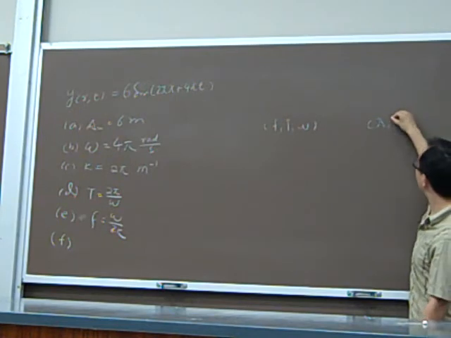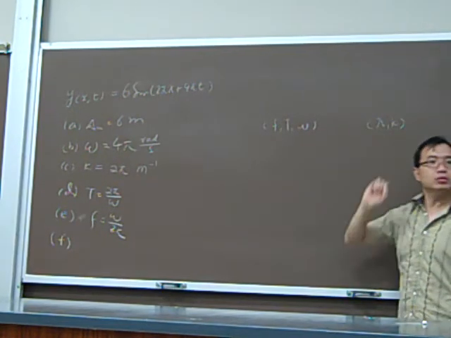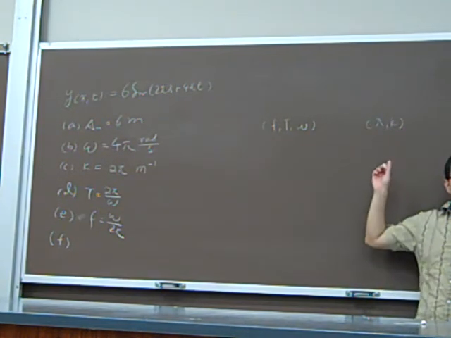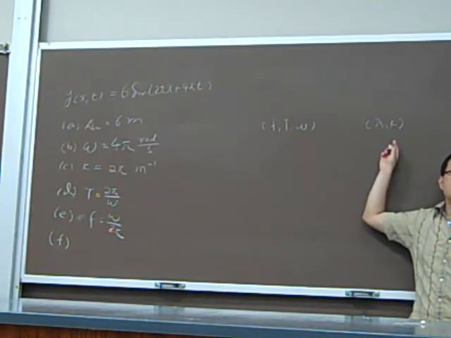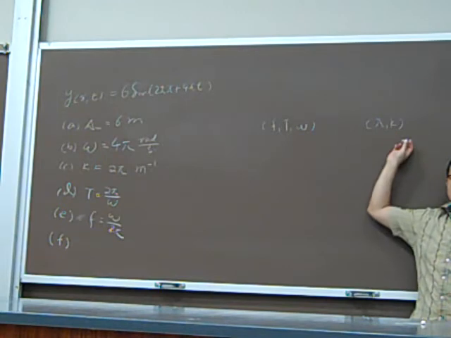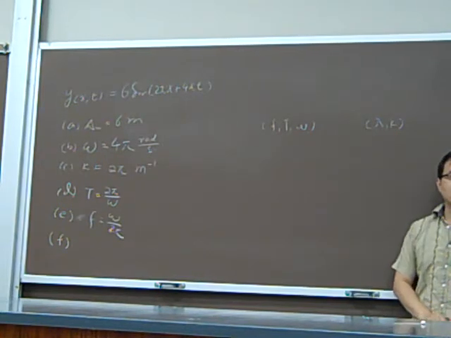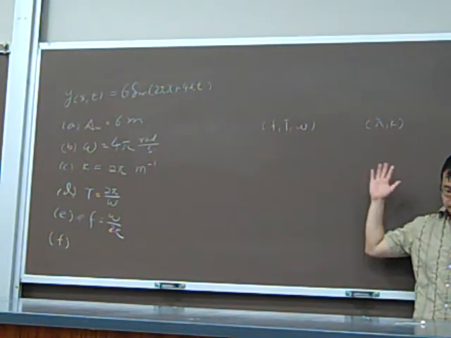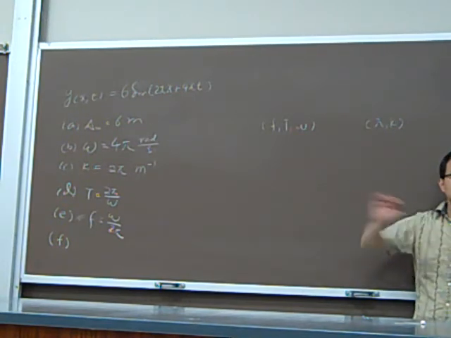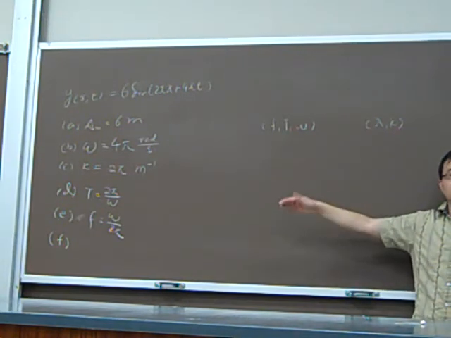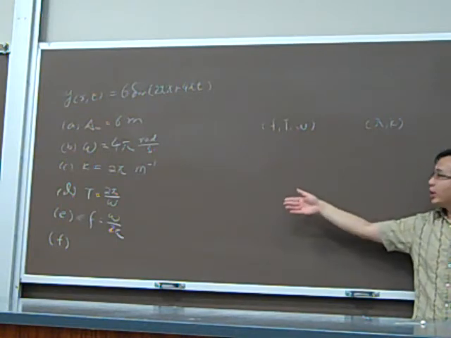Wavelength and wave number belong to a different group. They are related with each other, and both of them are talking about the spatial pattern of the wave.